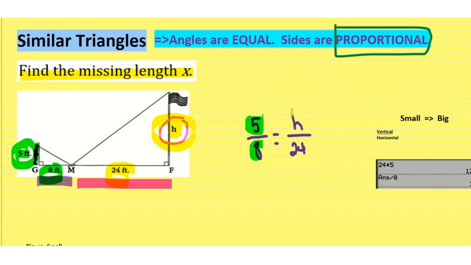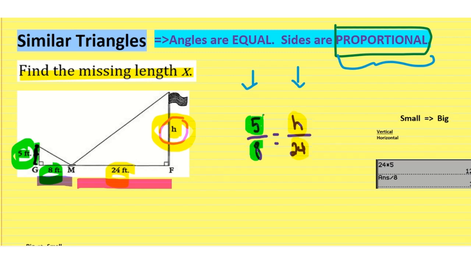And the height of the flagpole is related to the shadow of the flagpole. Another way to think about that is a fraction equal to a fraction, which is the same thing as a ratio equal to a ratio. And when we have a ratio equal to a ratio, that is a proportion.